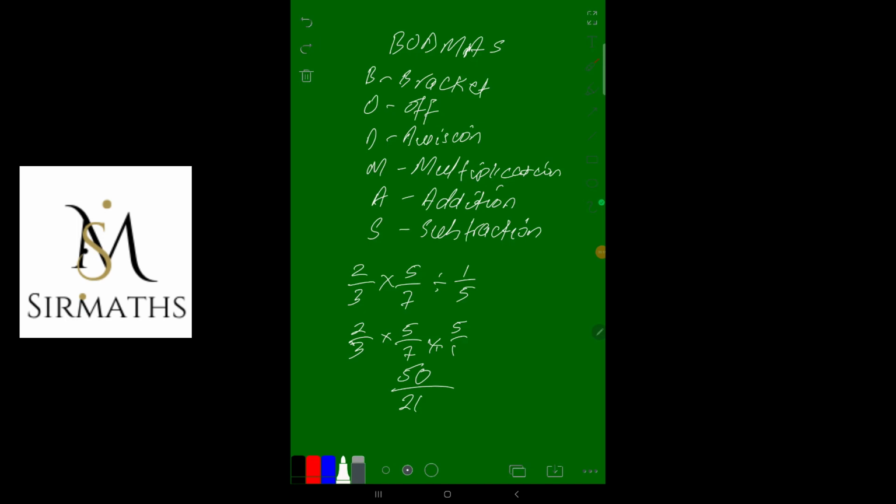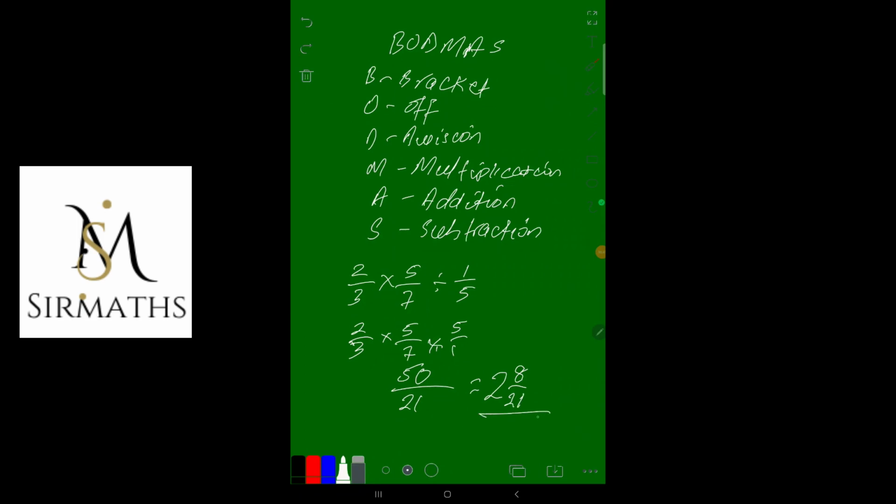It has given us an improper fraction. We can simplify this to a mixed fraction by dividing 50 by 21. That will give us two whole numbers. 2 times 21 will give us 42, and 50 minus 42 will give us 8. So we have two whole numbers, 8 over 21.